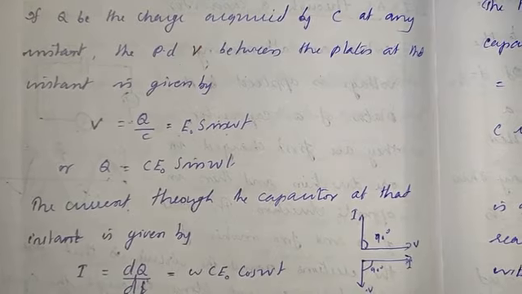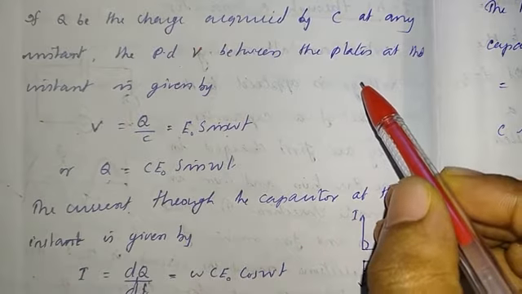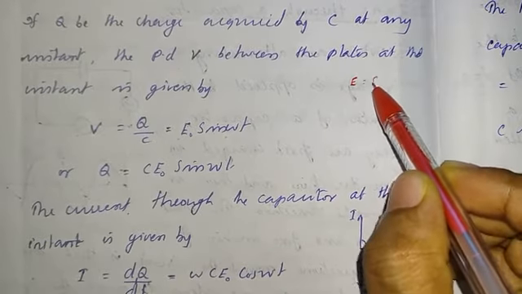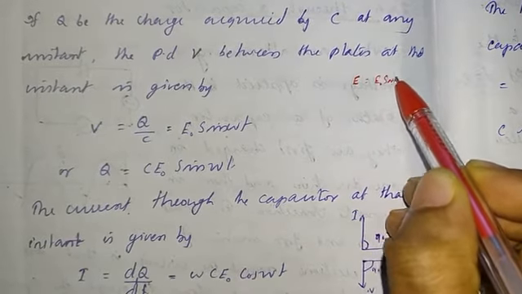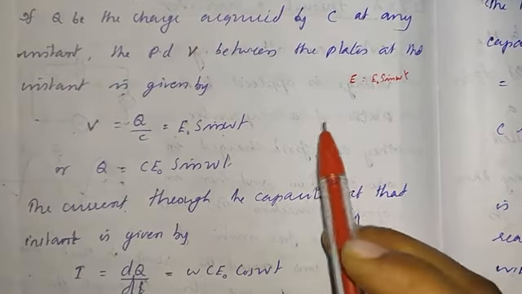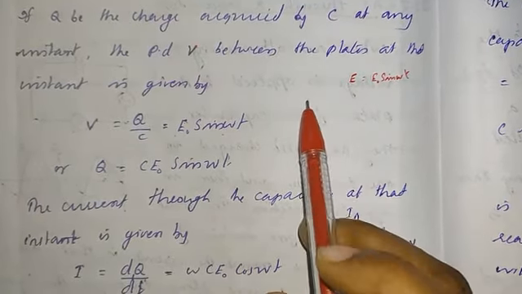So we are applying a potential E given by E0 sine omega t, a sinusoidally varying AC supply.